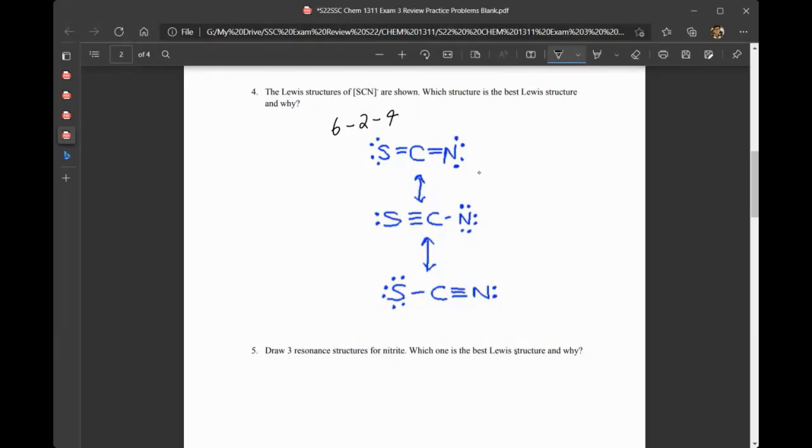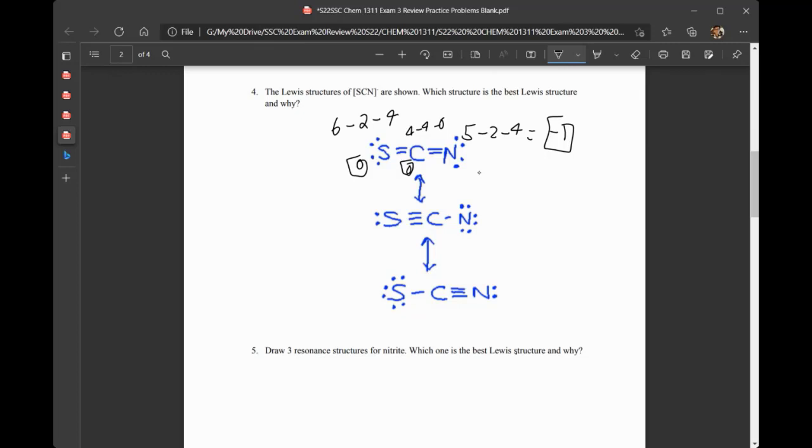So for S it's 6, the group number of S, minus 2 bonds, minus 4, and that's going to give you a 0 charge. Carbon is 4 minus 0, which is 0. Nitrogen is going to be 5 minus 2 minus 4, which is going to be -1.